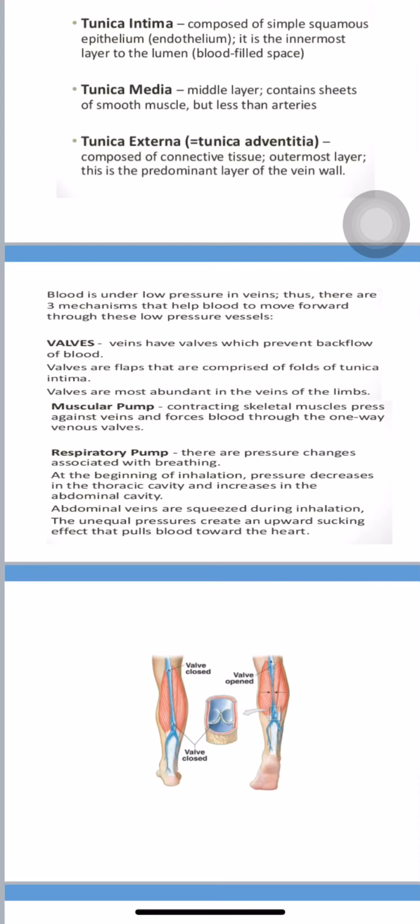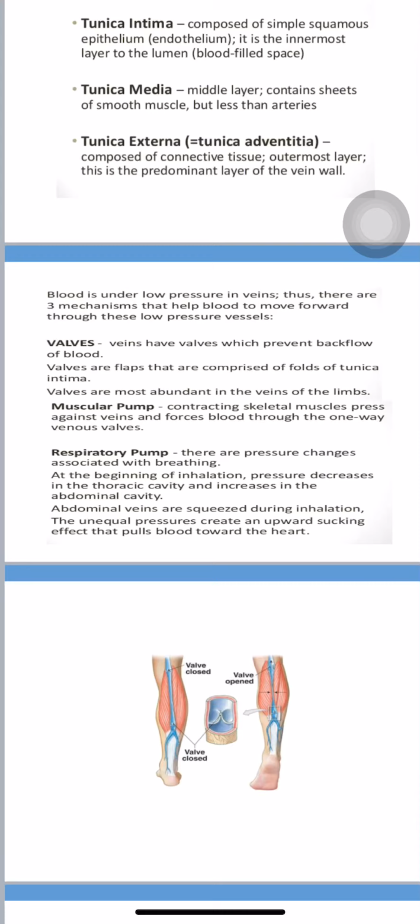That is, contracting skeletal muscles press against the veins and force blood through the one-way venous valves. Next is the respiratory pump, or the respiratory mechanism. There are pressure changes associated with breathing. At the beginning of inhalation, the pressure decreases in the thoracic cavity and increases in the abdominal cavity.